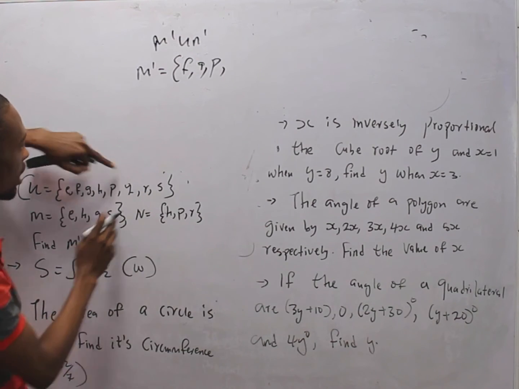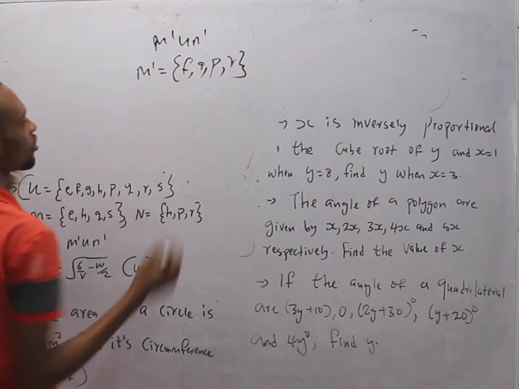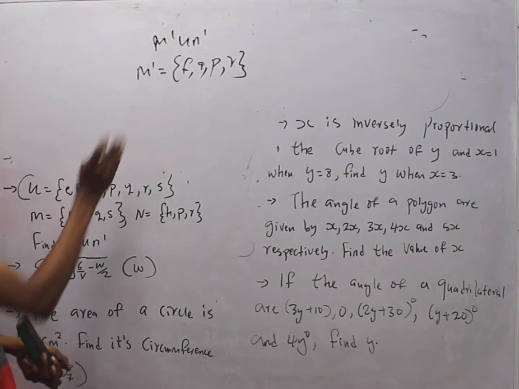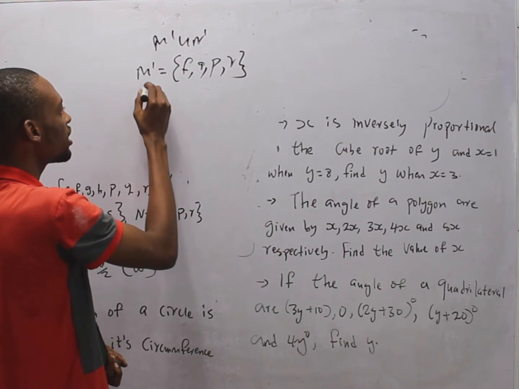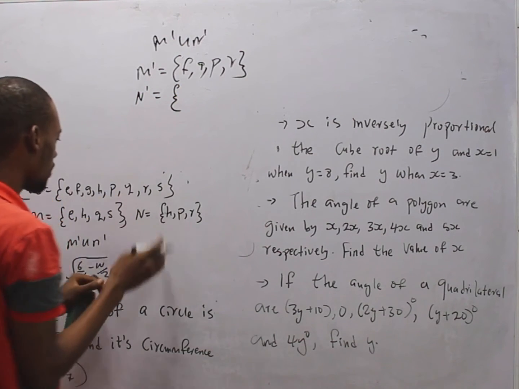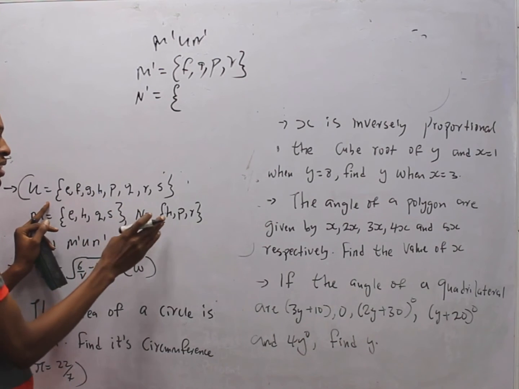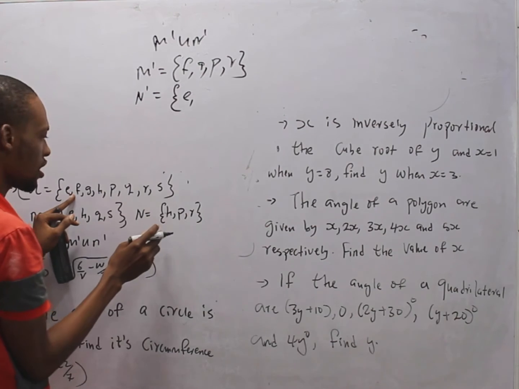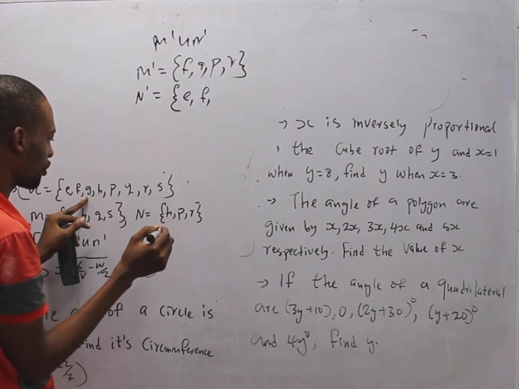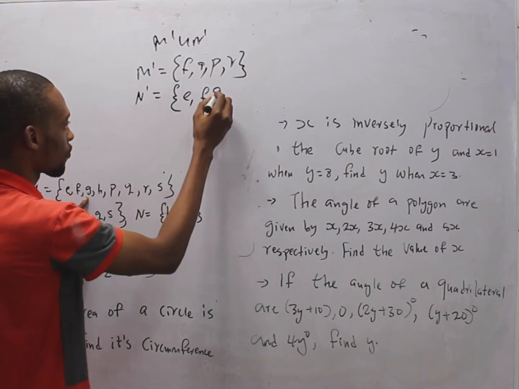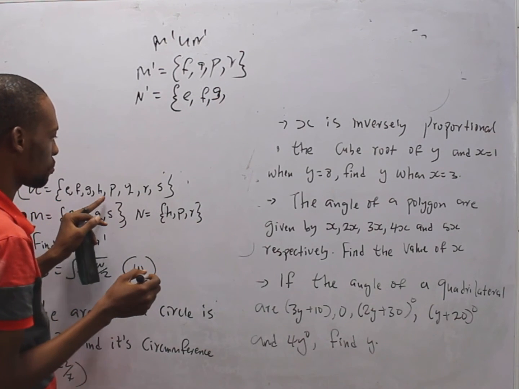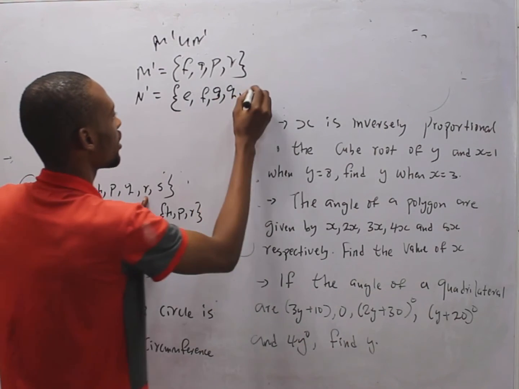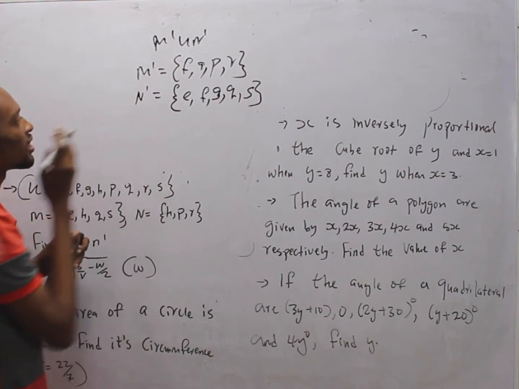R, no R. There is S. So this is M prime, the elements of the universal set not present in M. And N prime is simply what is present in the universal set that is not present in N, which is E, F, G, H, P, Q, R, S. So this is M prime and this is N prime.